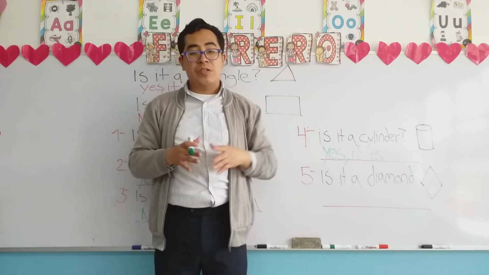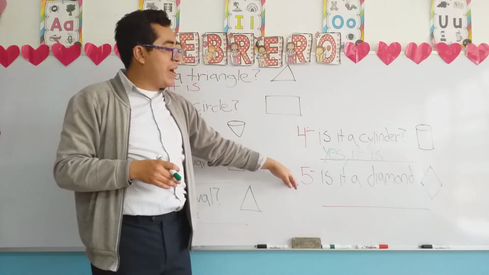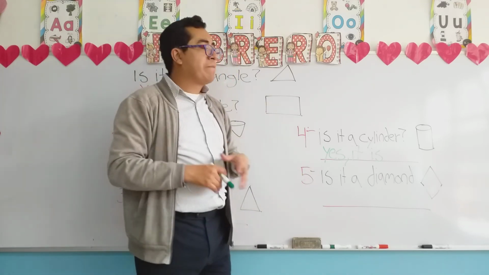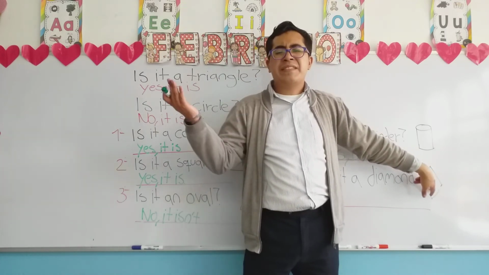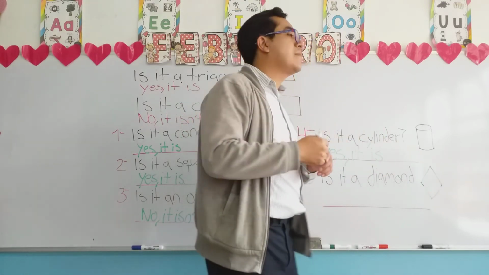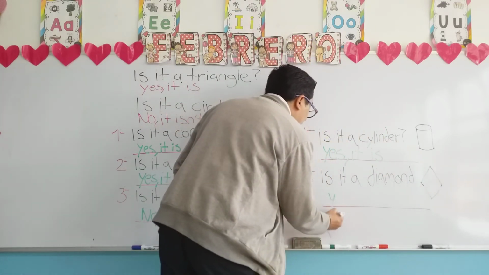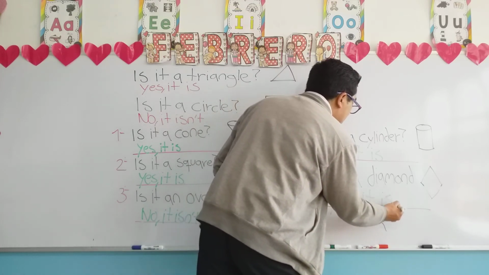Okay? Very good. And question number 5. It says, is it a diamond? Is it a diamond? Yes, it is. Y-E-S, comma, I-T-I-S.